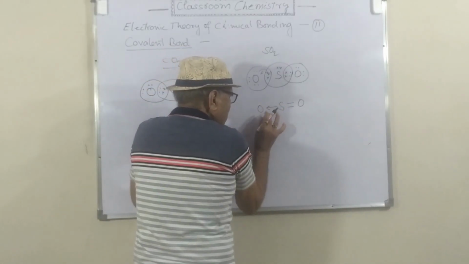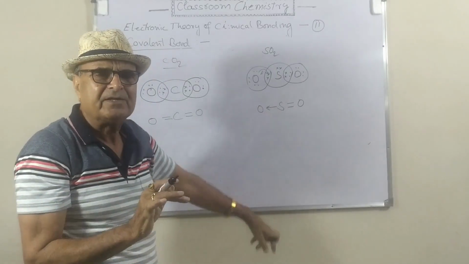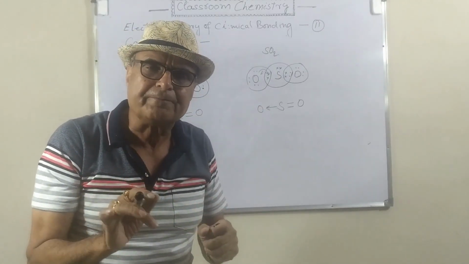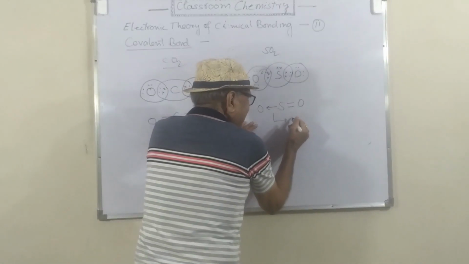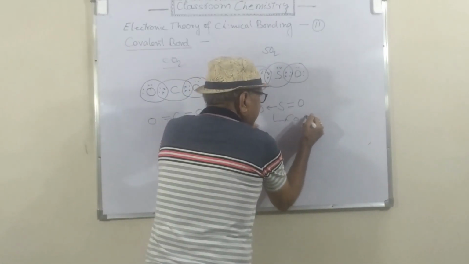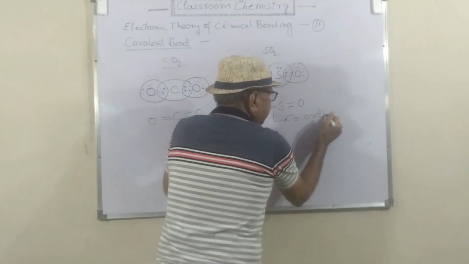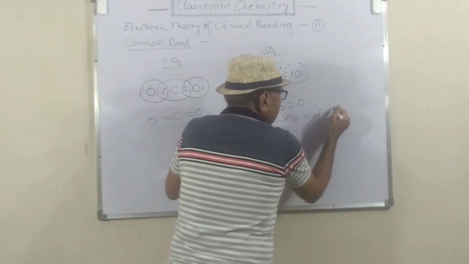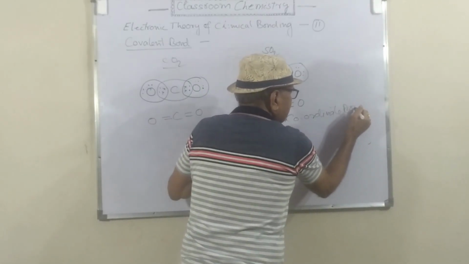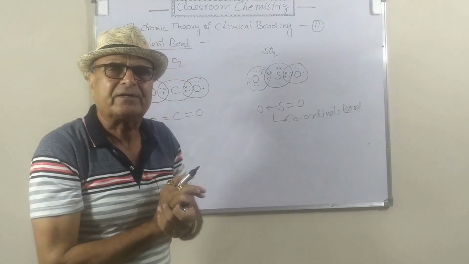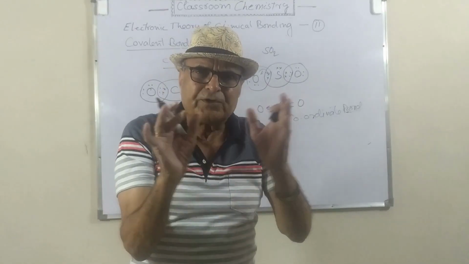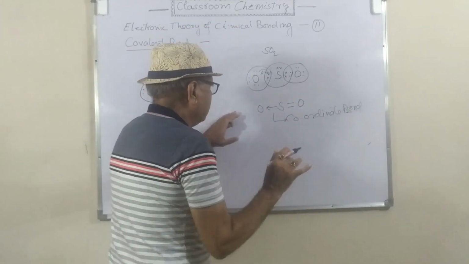Somewhere in the books you will find such type of bonding. Such type of bonding is called a coordinate bond. But now we don't write this coordinate bond like this.